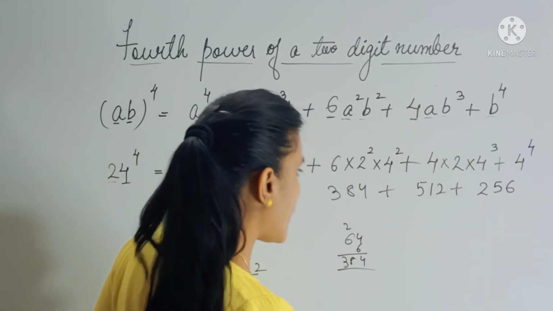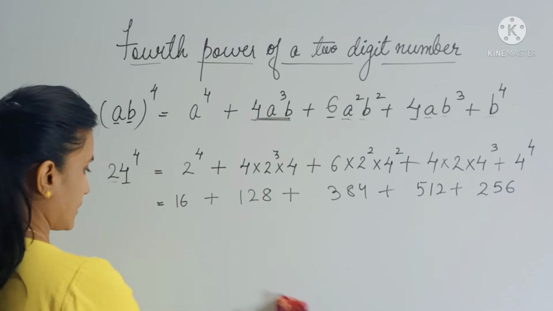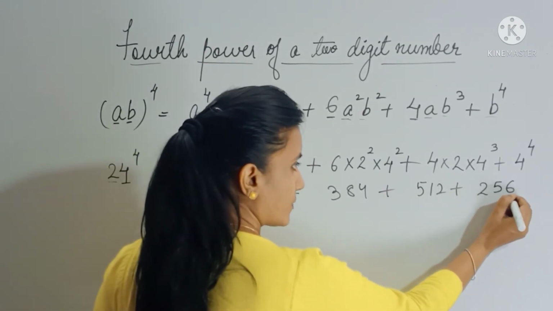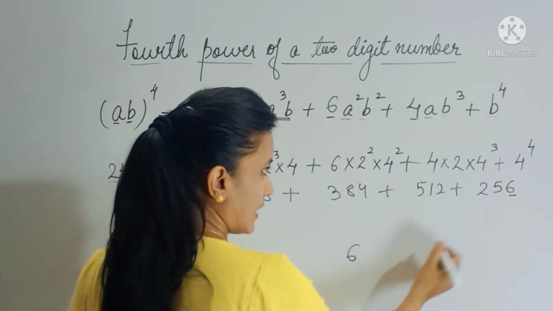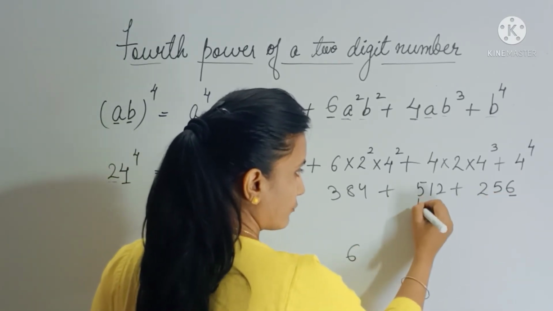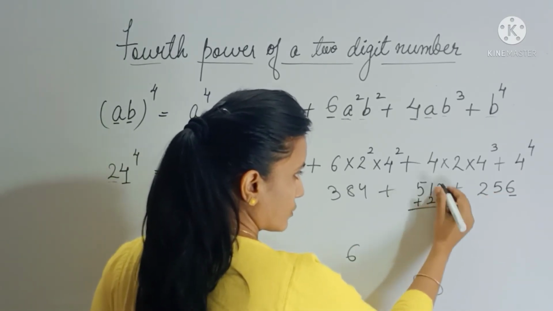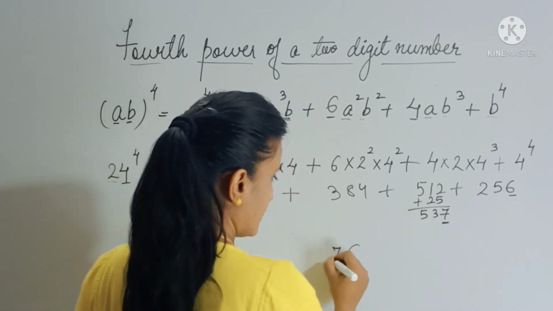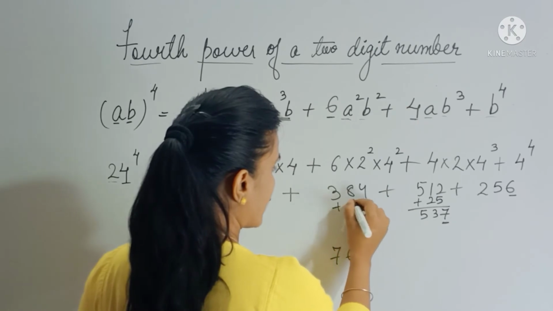Now you have to add all these numbers, right? What we can do is just copy the ones place digit in the final answer, and the rest of the digits will carry forward here. So this will be 735. Copy 7 in the answer, and the remaining 53 will be carried forward.